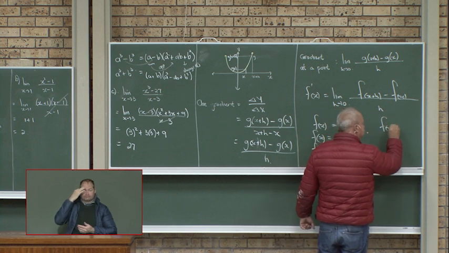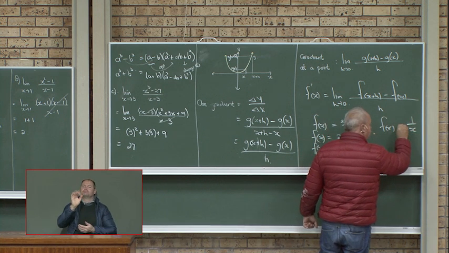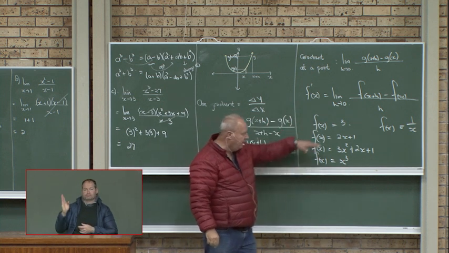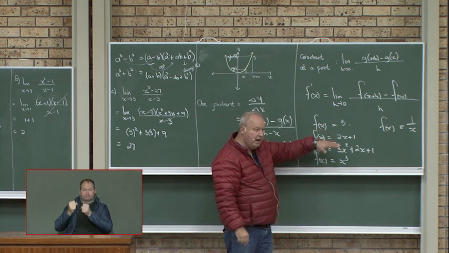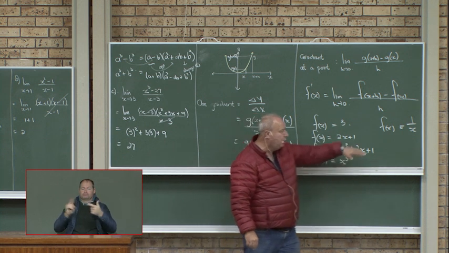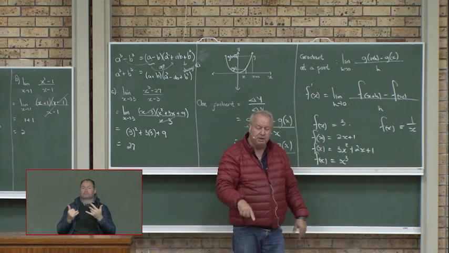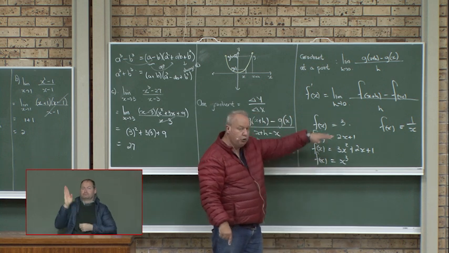And f(x) equal to 1 over x, a quotient. Right. So they are going to ask you either a constant, a linear, a quadratic, a cubic, or a quotient. They're going to ask you to find first principles where any of these could be asked.